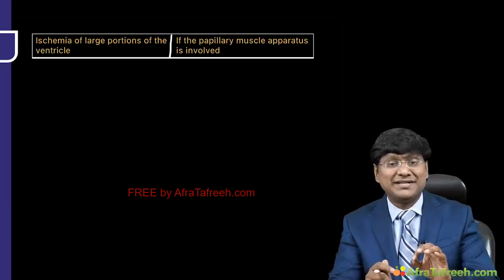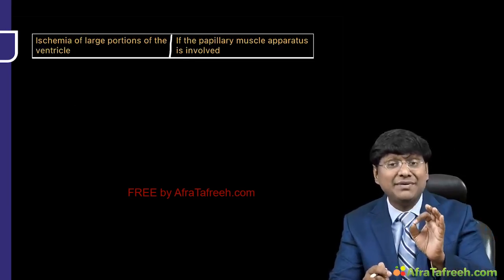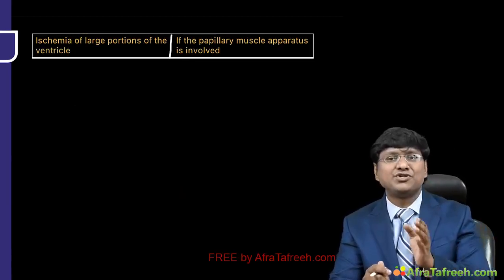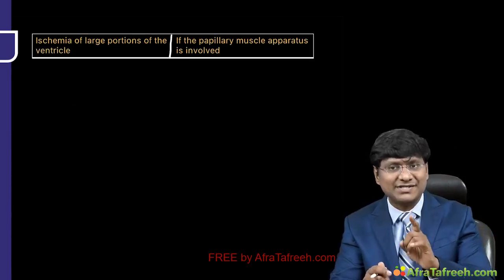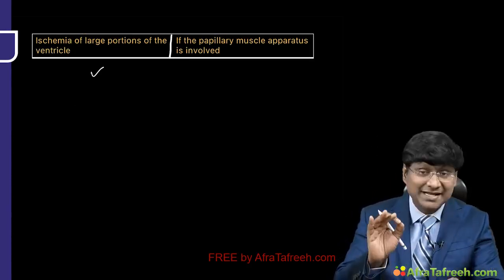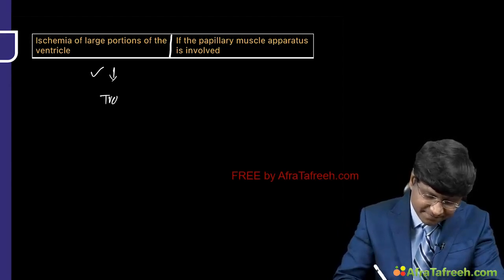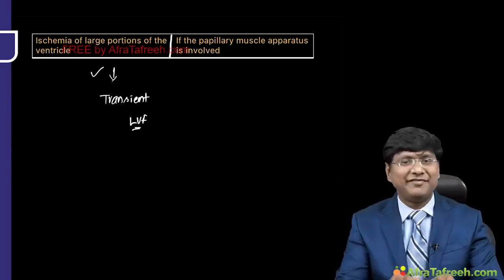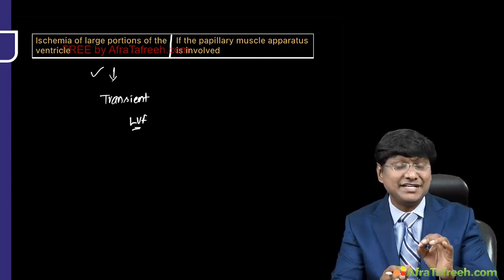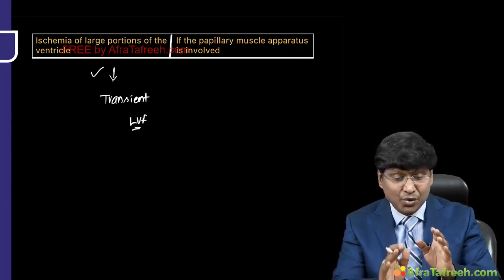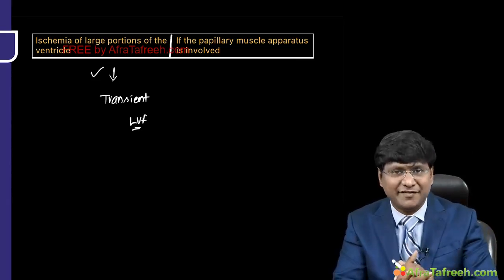And you need to understand that ischemia of large portions of the ventricles, if it occurs, will cause transient left ventricular failure. Right? Whenever there is ischemia to large portions of the ventricle, that will cause transient left ventricular failure.